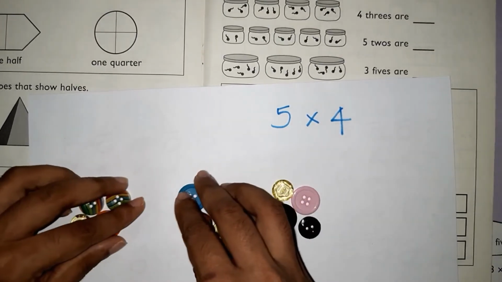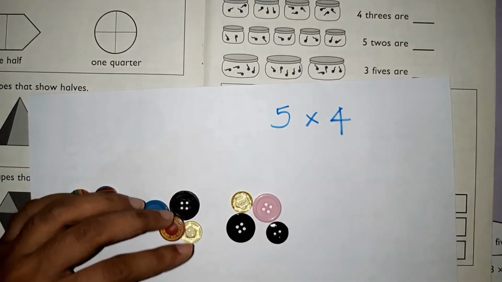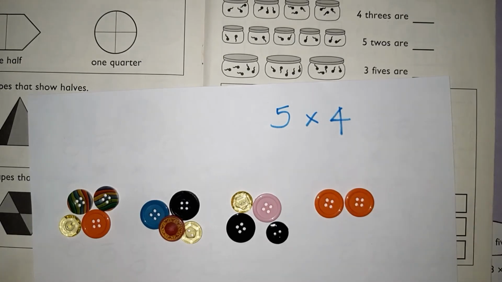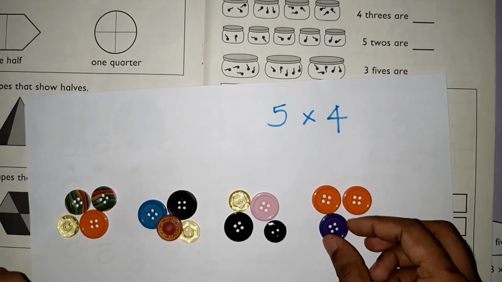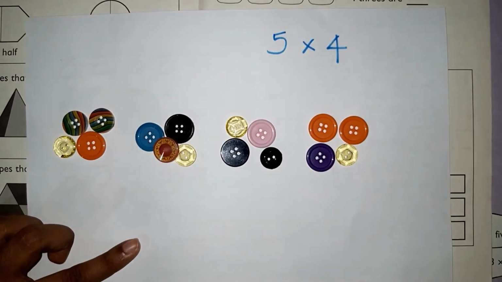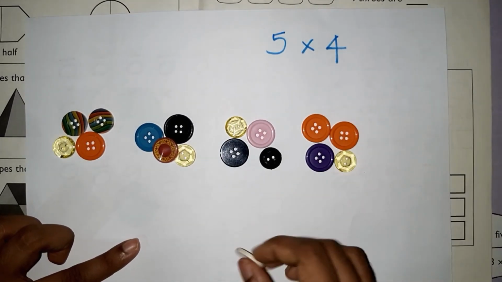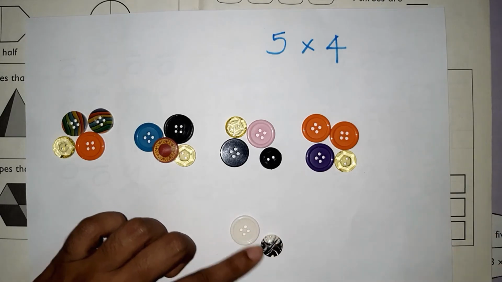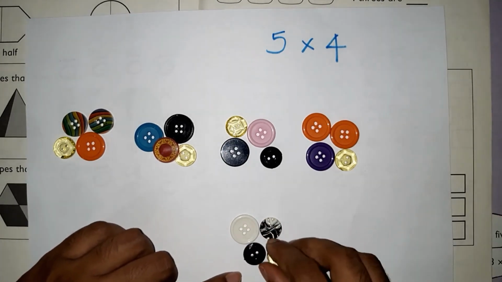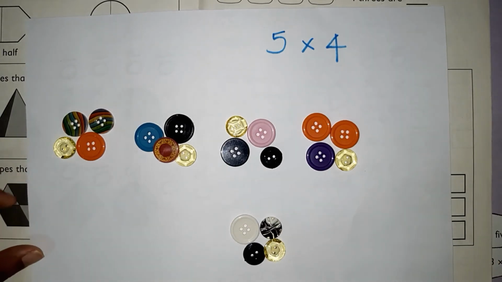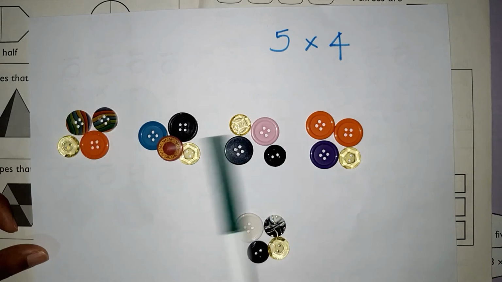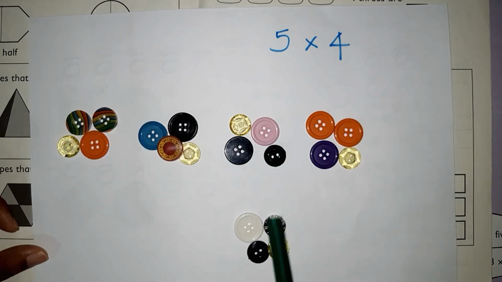We have 3 sets. We have 2 more. Okay, we have only 4 sets. Now I'm going to make the last one here. Okay, now we have 4 objects in each set, and how many sets? 5. 1, 2, 3, 4, 5.